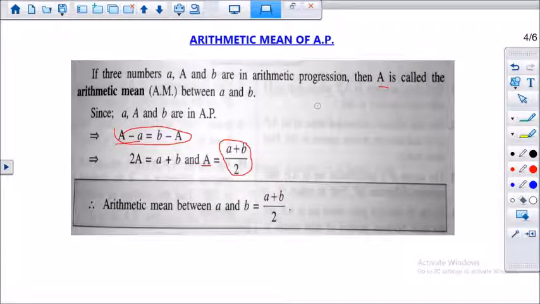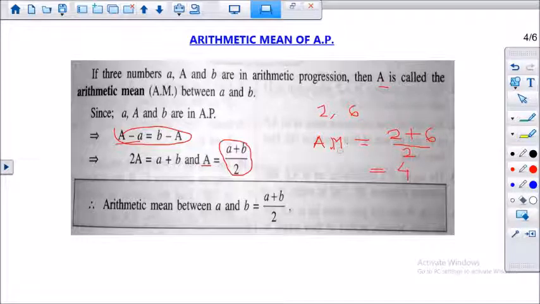If we have two numbers 2 and 6, then what will be the arithmetic mean? Arithmetic mean, AM, equals 2 plus 6 divided by 2, that means 4.